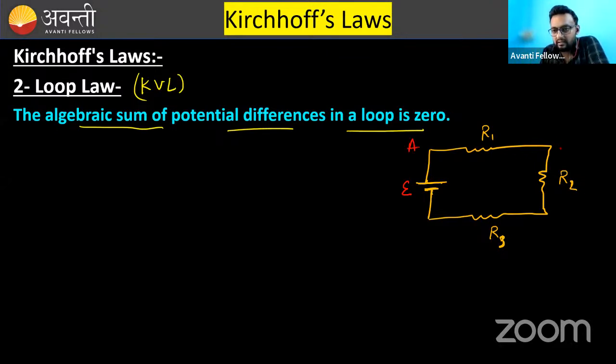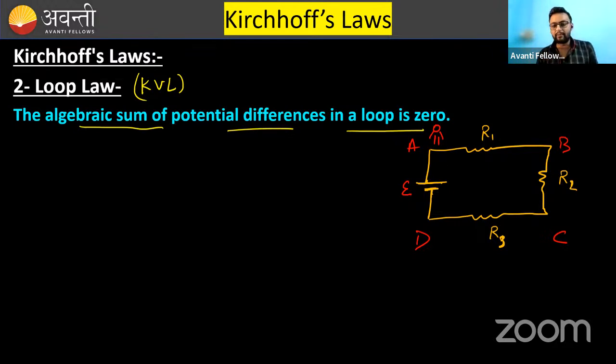Let's suppose this is A, B, C, D. So the loop starts from A, B, C, D, and again comes to A. So what you need to do is stand at one of the corners, and complete a revolution around the loop in either clockwise direction or anti-clockwise direction.